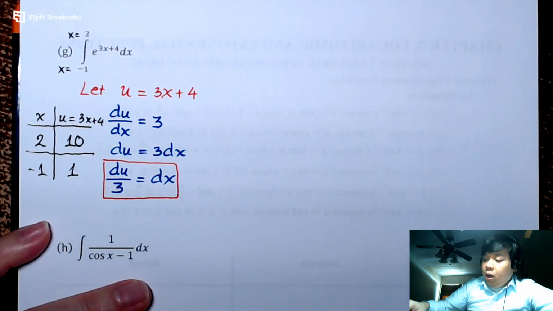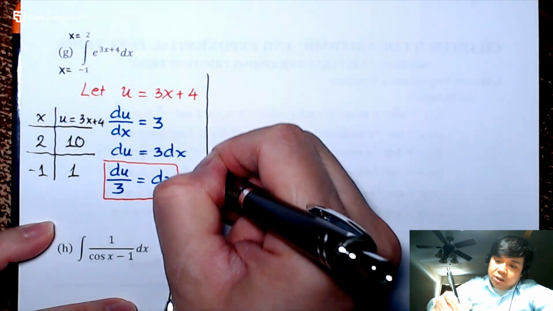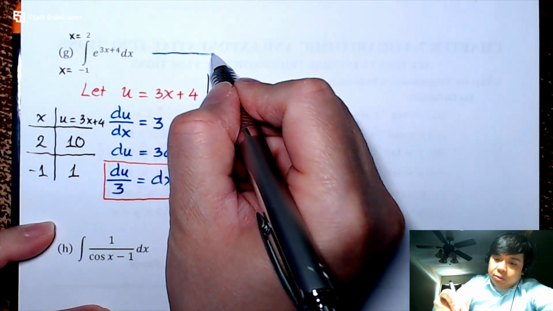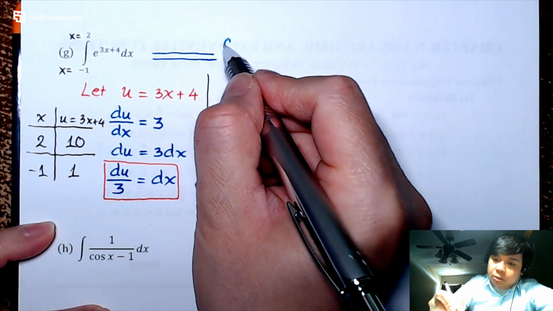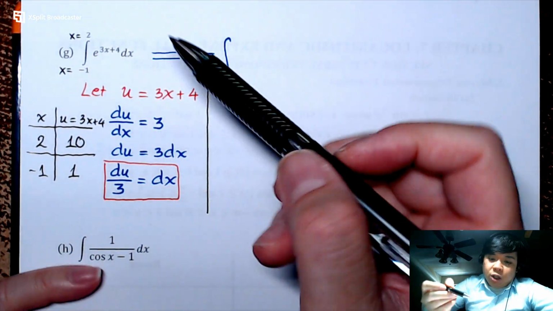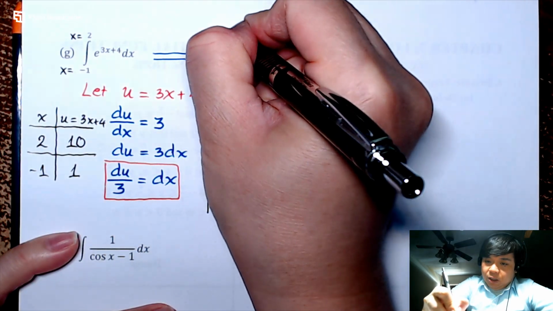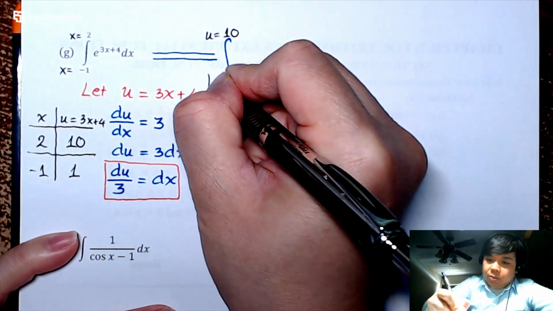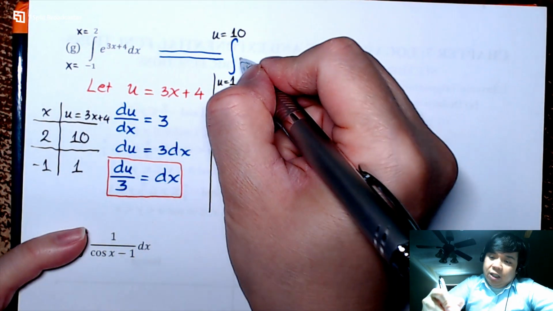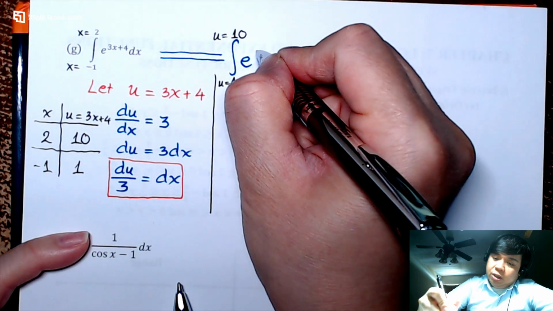Okay. With that, we substitute into the integration. Now the limit from -1 to 2 now goes from 1 to 10. That's the limit for u. And we have e to the 2x plus 4, that is u.